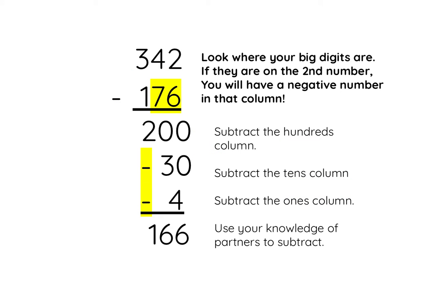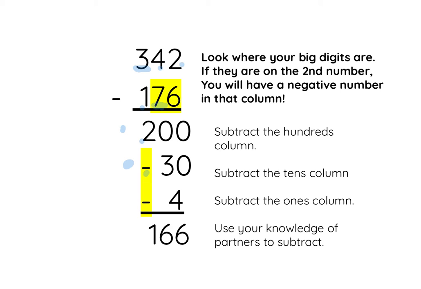All right, here's the next problem. 342 subtract 176. Notice that our 300 is larger than the 100, so that column will be positive down here on the 200. 40 is less than your 70, so you're going to have a negative answer in your tens column.